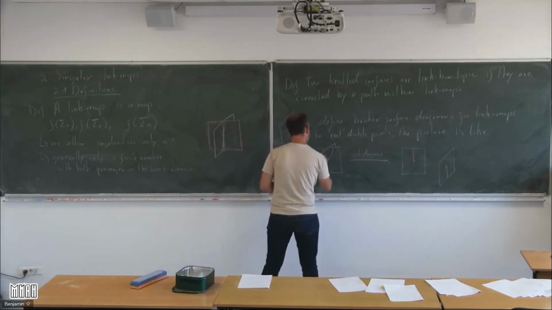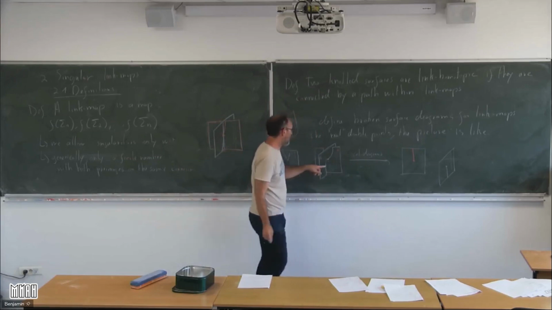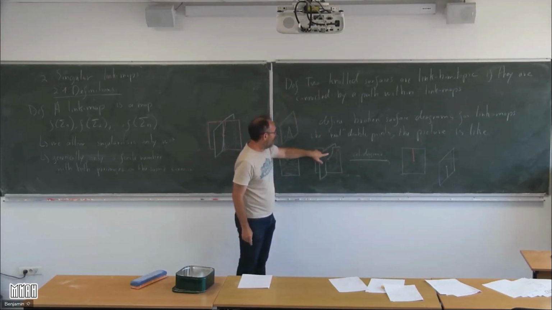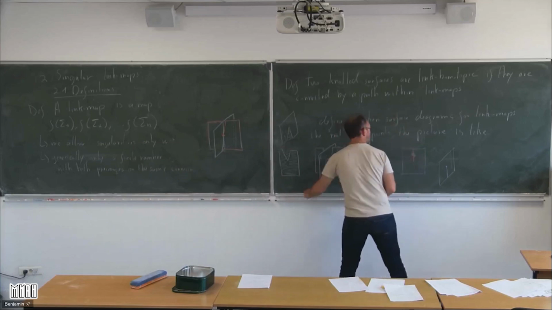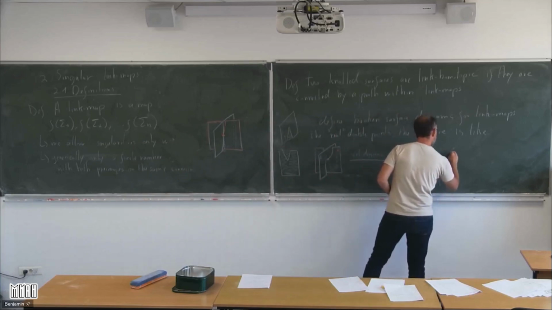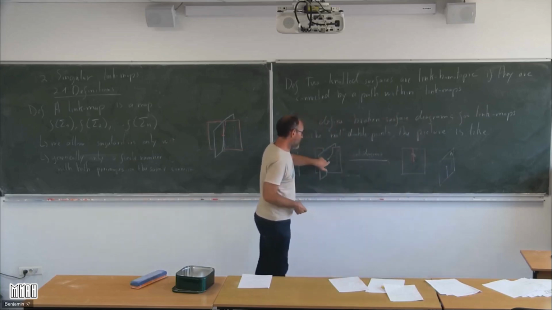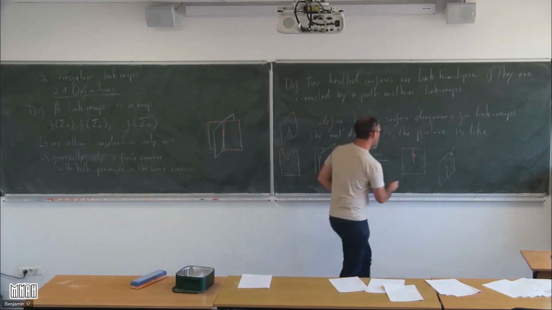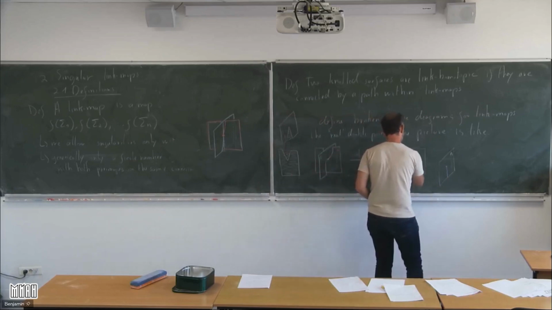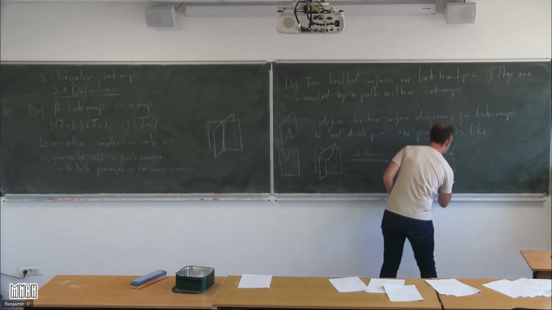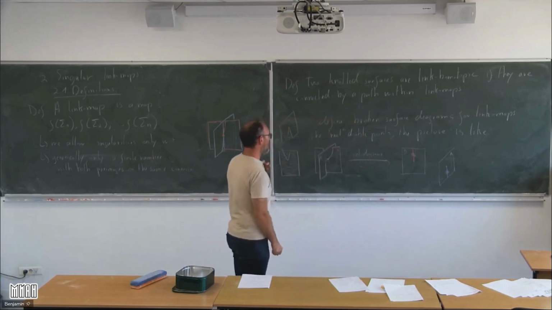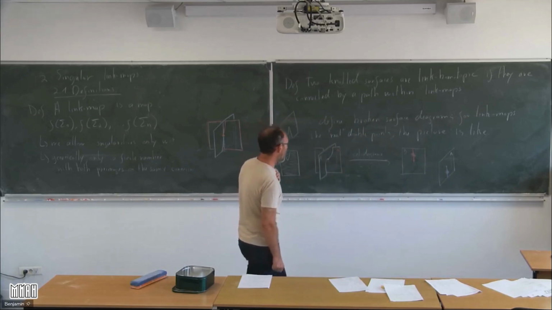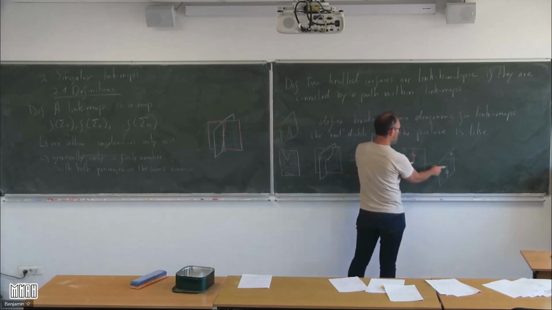Okay? And now, at the level of labels, these red lines will be labeled by A, where A is the name of this sheet. And the blue lines will be labeled by B, where B is here. So you will have two endpoints in your diagram.